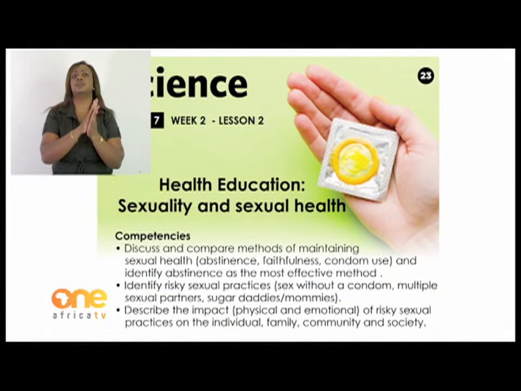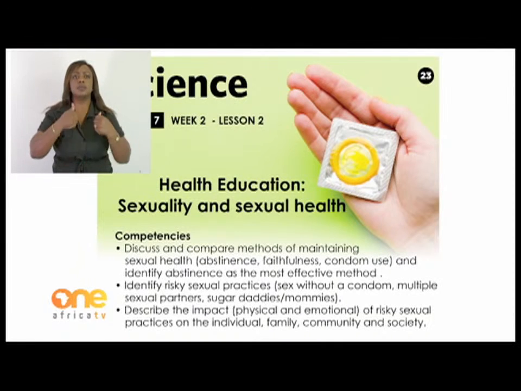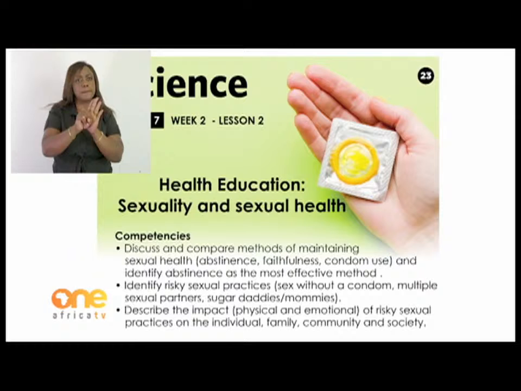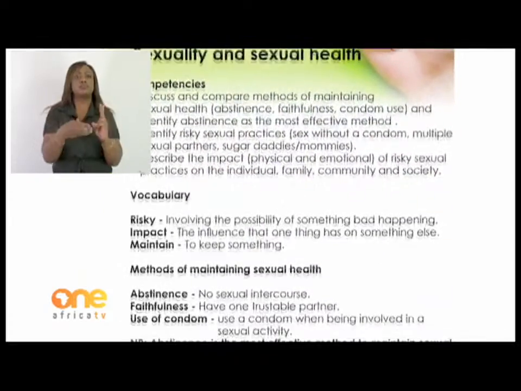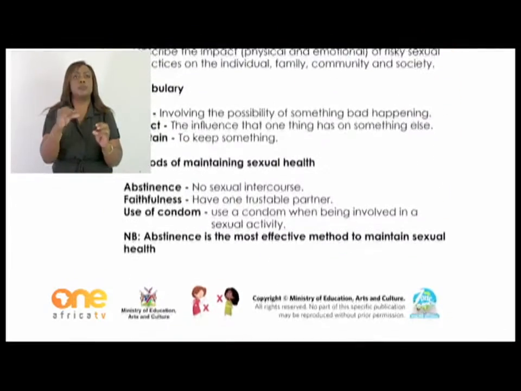So by the end of this lesson, you should be able to discuss and compare methods of maintaining sexual health. And you should be able to identify risky sexual practices. And you should also be able to describe the impact of risky sexual practices on the individual, family, community, and society. Now, the vocabulary, the new words that you have to learn.